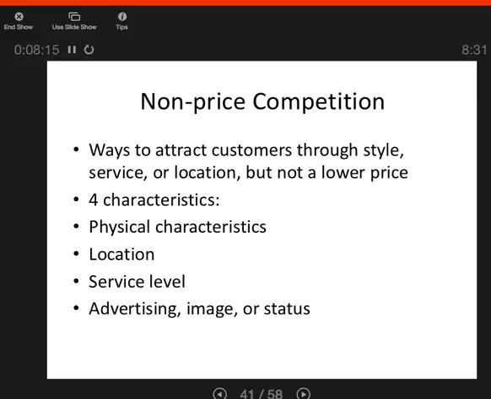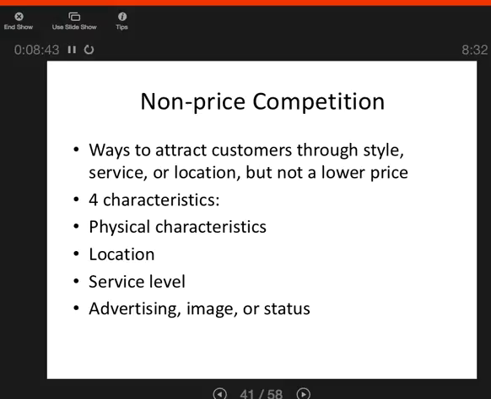And then advertising, image, and status. The tag on the pair of jeans or whatever it might be. It's a whole status symbol that is there too. And in reality, there's probably not much difference when it comes to some of these products. But society, economics, just puts special emphasis on some of these things to make it more important than others.